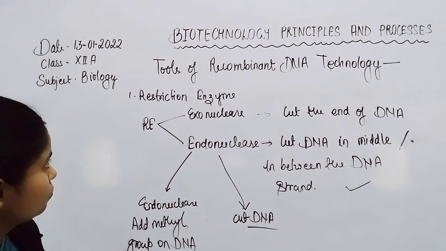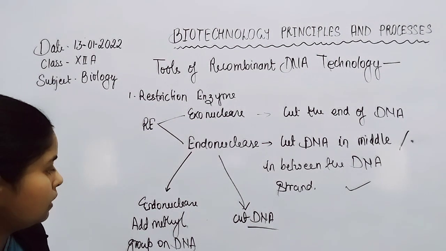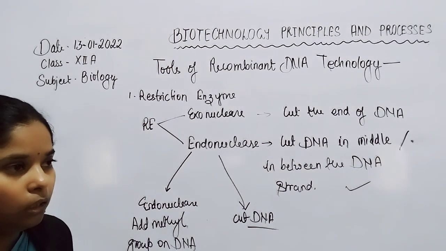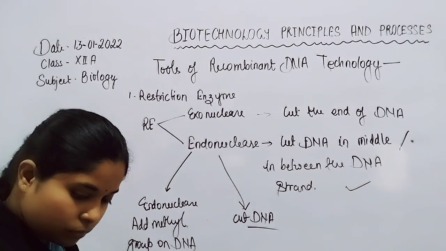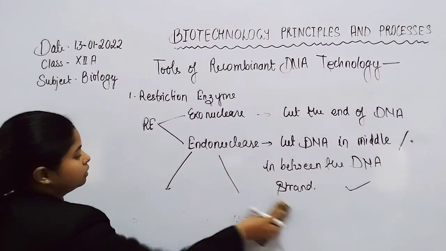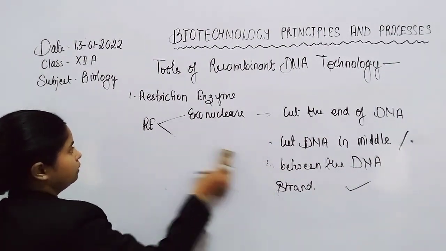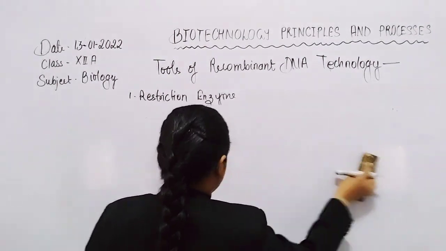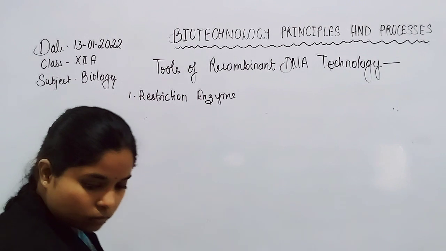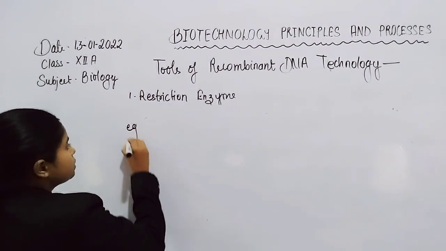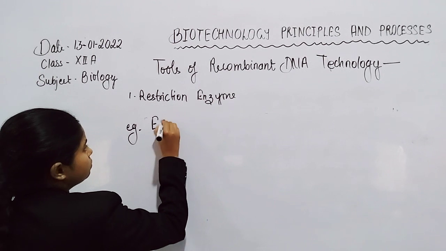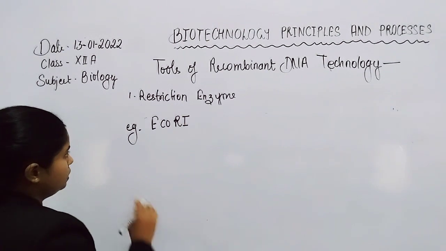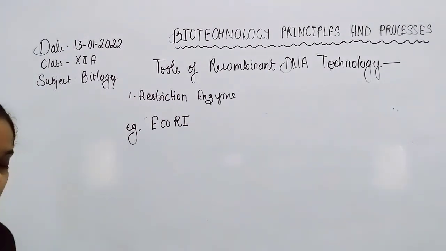So we have discussed the tools of recombinant DNA technology. Now let us discuss a very common example of a restriction endonuclease enzyme, which is EcoRI. What does EcoRI denote?